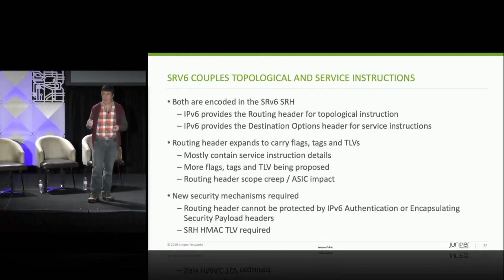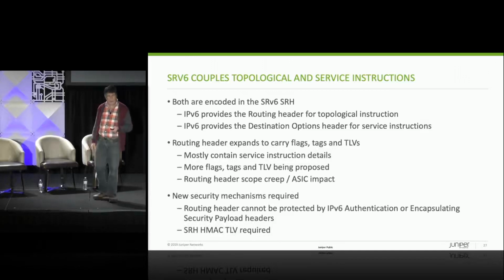In SRv6, we've encoded both topological and service instructions in an IPv6 address, and we made a stack of them in the routing header, even though IPv6 provides the destination options to encode service for the specific purpose of encoding service instructions.